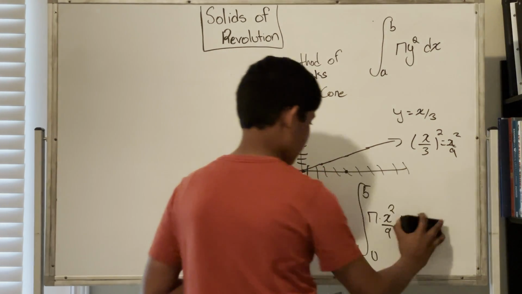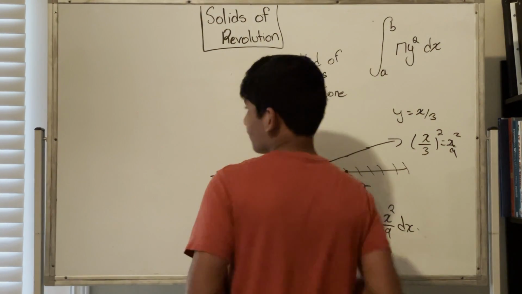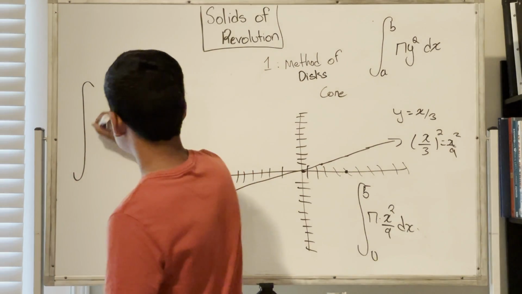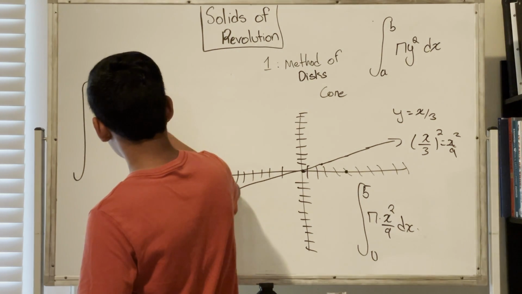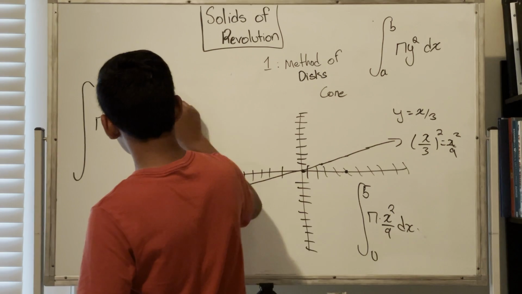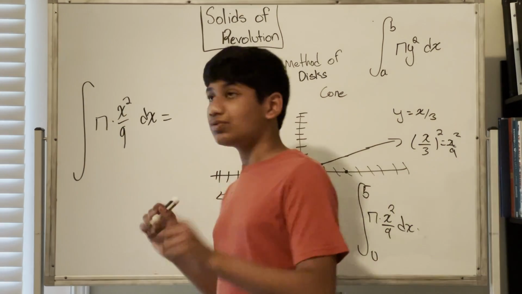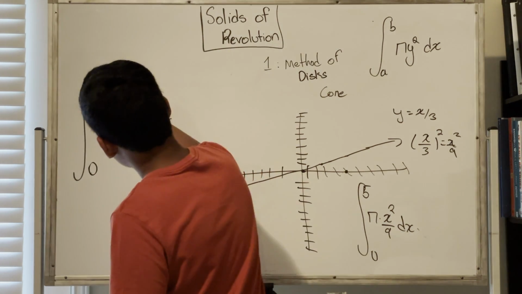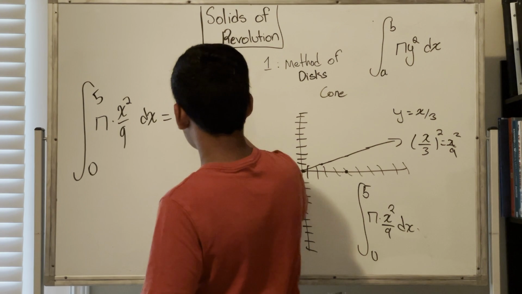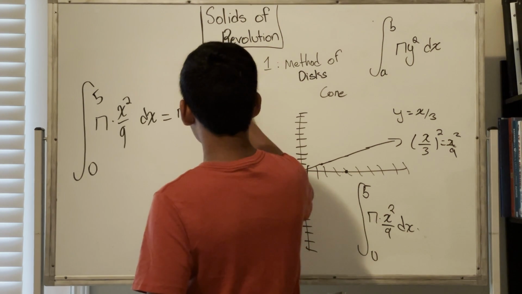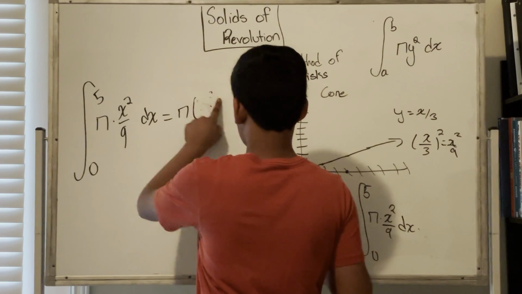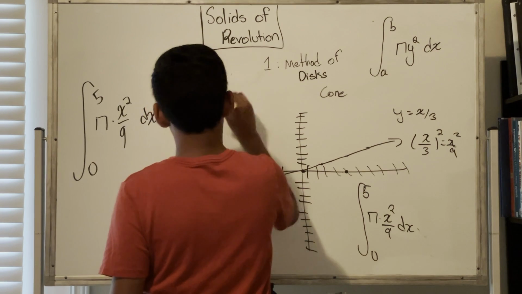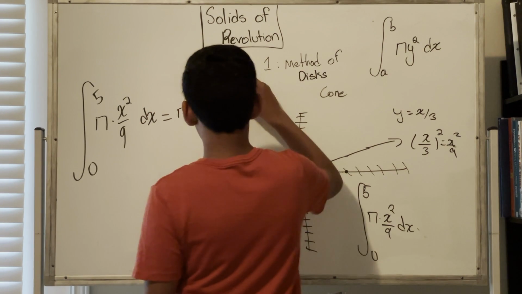So if we can do it over here, we're going to have the integral of pi times x squared over 9 dx. Remember we have to write the limits, so 0 and then 5. This is going to be equal to pi times, so x squared over 9 is just going to become x cubed over 27, evaluated from 0 to 5.